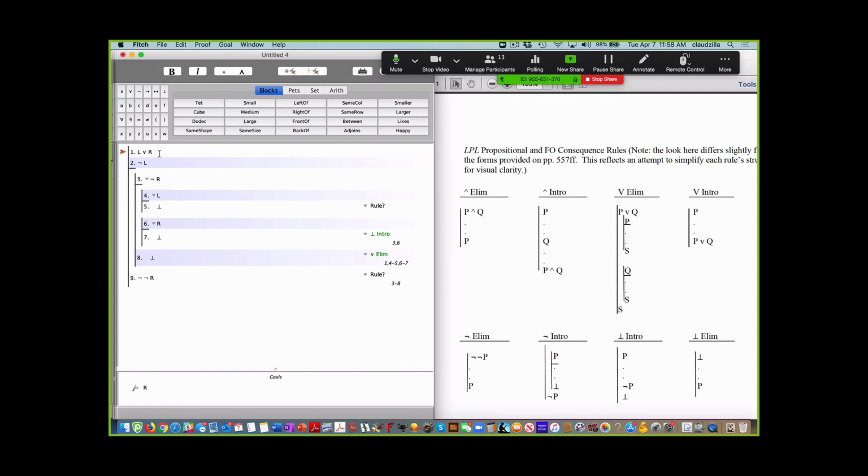And now let's talk about the teeny step by teeny step move. It's L or it's R, and it's not L. We said, well, let's assume that it's not R either. We know that we're going to generate a contradiction, which then tells us that the assumption is incorrect.